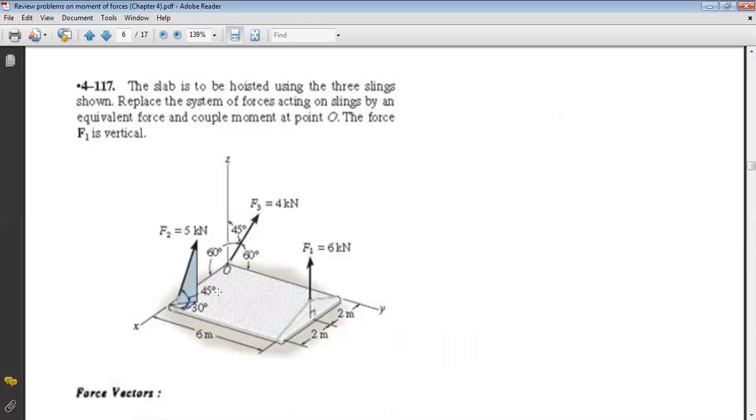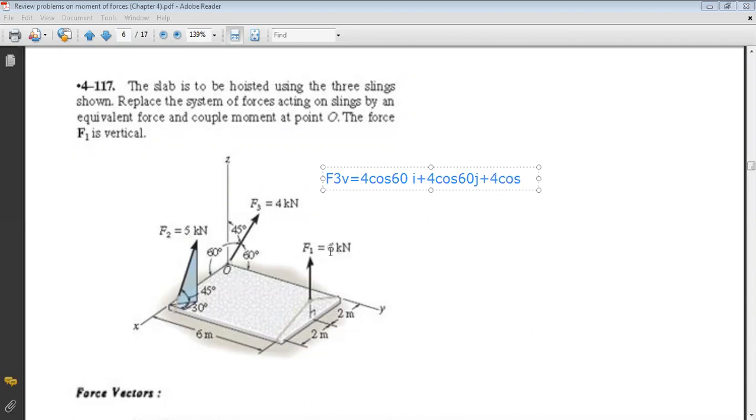So for example, here for F3, they gave you the angle with Y, Z and X. So you can write that vector F3 is equal to 4 cosine 60 along I, plus 4 cosine 60 along J, and plus along K you have 4 cosine 45. So we found the expression of F3.